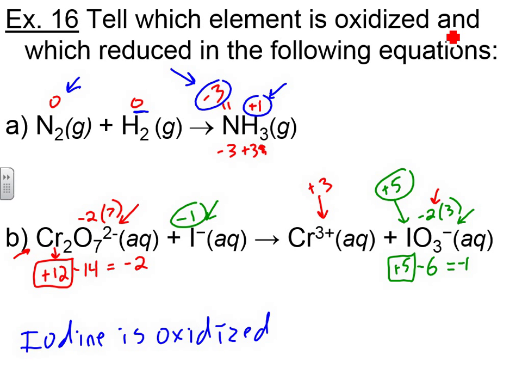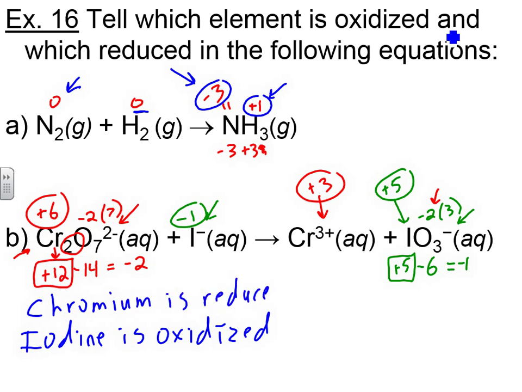Since we have 2 chromiums, and they have a +12 charge, what's the charge of each chromium? +6, and that's how we get chromium. So chromium goes from a +6 to a +3, and that is the definition of reduction. Chromium actually gets reduced. So we can put this down. Chromium is reduced.